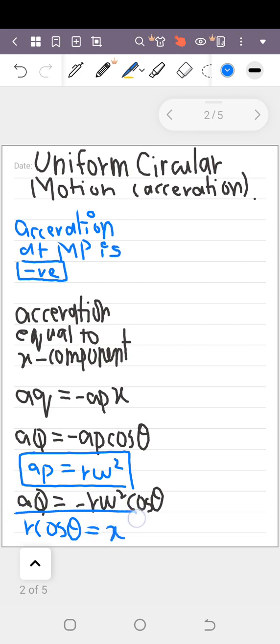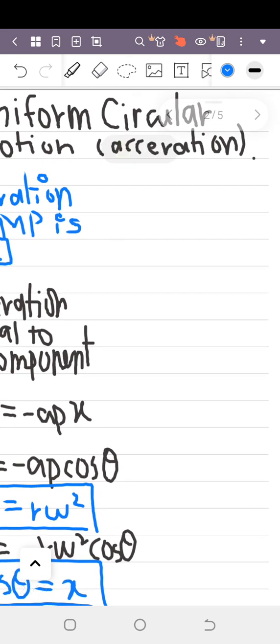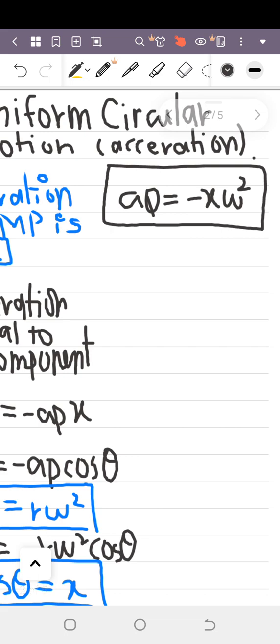We have learned that previously in the first video. So aq will be equal to minus x omega square. Why I put x? Because as I told you r cos theta is equal to x. So now this is the acceleration of a shadow in uniform circular motion.